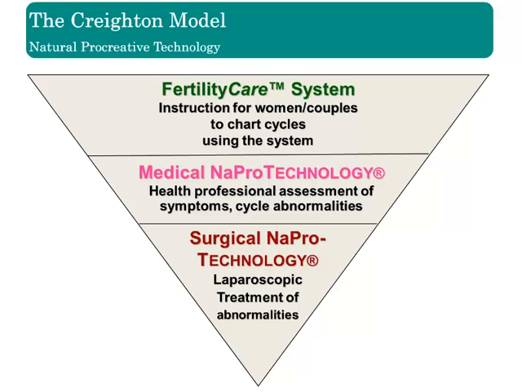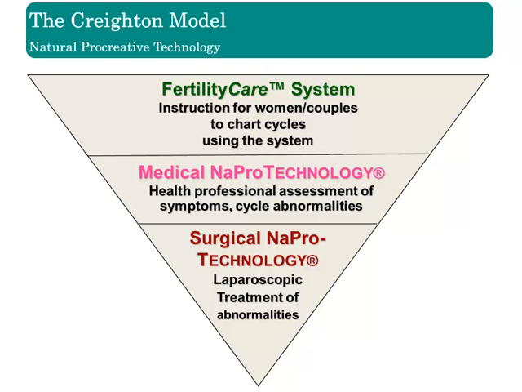NaPro technology has shifted the paradigm on women's health. Rather than suppressing or disabling a woman's fertility or masking the symptoms of an abnormal cycle with hormonal contraceptives, such as the pill, the Creighton Model Fertility Care System allows a woman to gather more data on her cycles and work cooperatively with a Creighton-trained medical consultant to understand her reproductive health and try to address underlying problems.